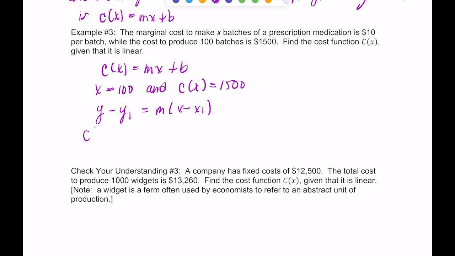So y is just C of x, y1 would be 1,500, m is my marginal cost, which is 10, times x minus x1, which is 100. Then I distribute through and move some things around, and you end up getting C of x equals 10x plus 500. So there's my cost function.